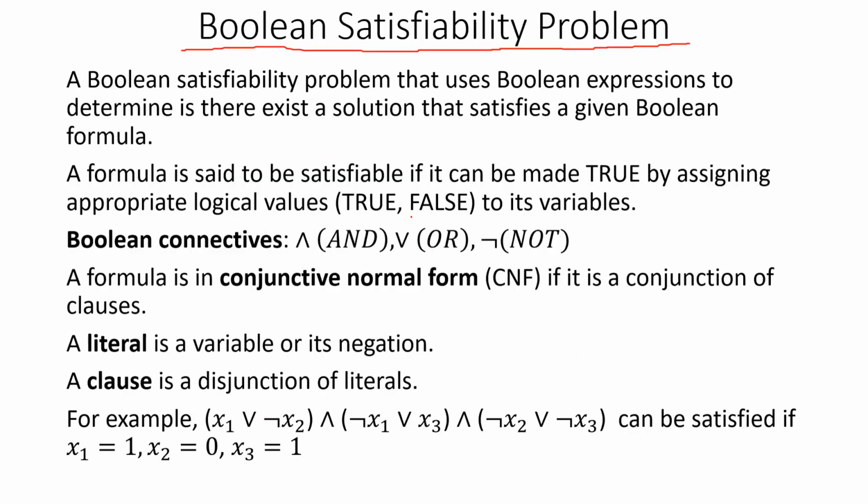So what is that problem? Before defining it, we need to define some notation. We need to remind ourselves of the Boolean connectives. This one means AND, this notation means OR, and this one is NOT.